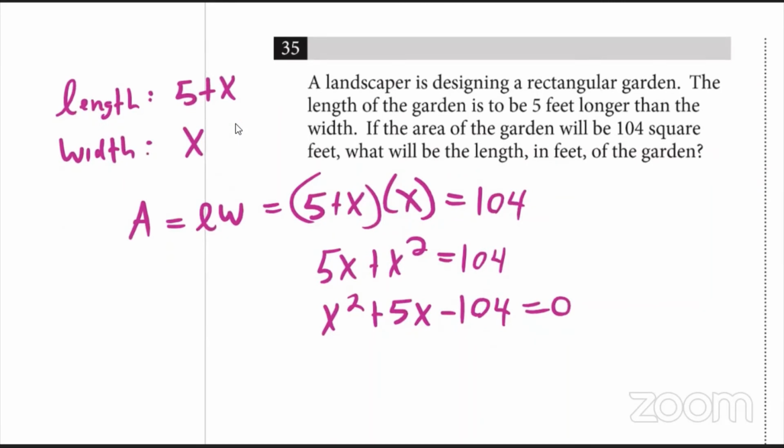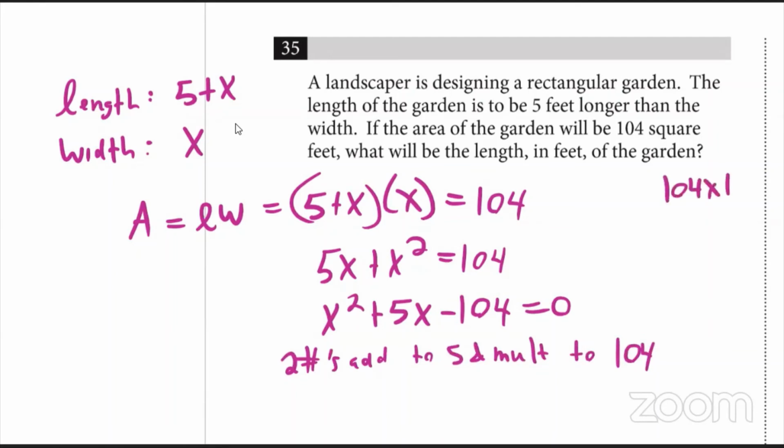Now this is a quadratic, and quadratics are solved by setting them equal to 0 and starting with factoring and using other methods if we need to. But we're looking here for 2 numbers that add to 5 and multiply to 104. So what numbers would those be? We can divide 104 by every possible number.